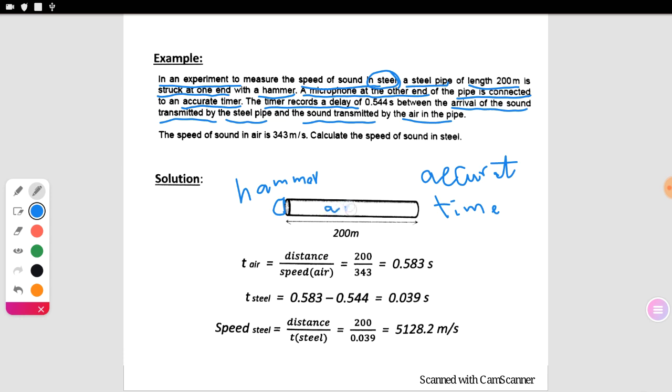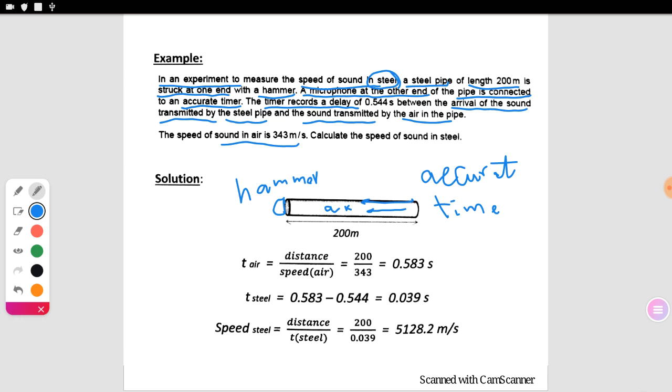Inside the tube there is air, and the speed of sound in air is not equal to the speed of sound in steel. The speed of sound in air is 343 meters per second, not 330 as before.